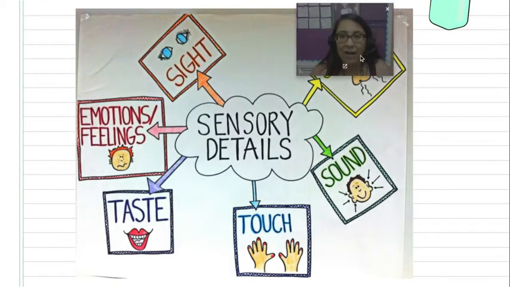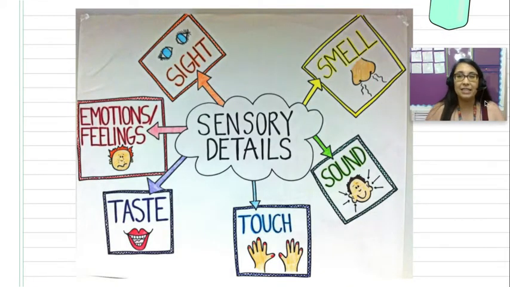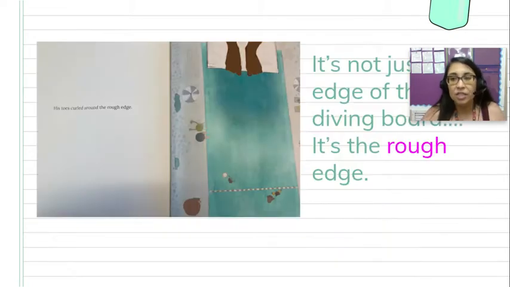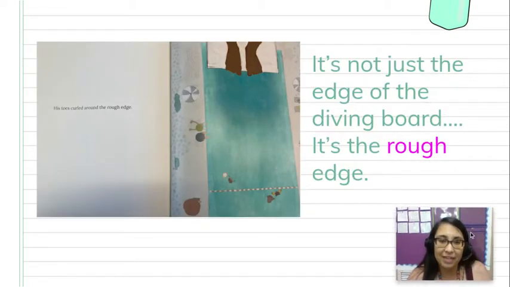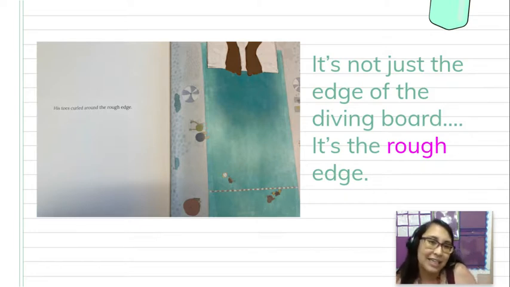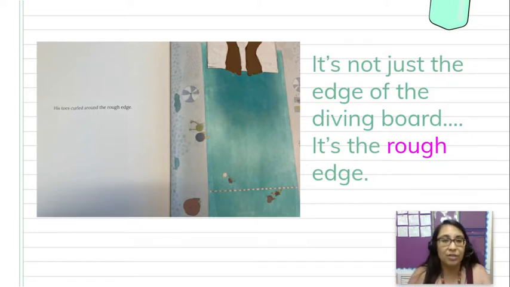So, when we talk about your senses, we're talking about your sense of smell, sound, touch, and sight. What are you seeing? What are you tasting? And then it can also be your emotions and feelings, what you are feeling at that time.